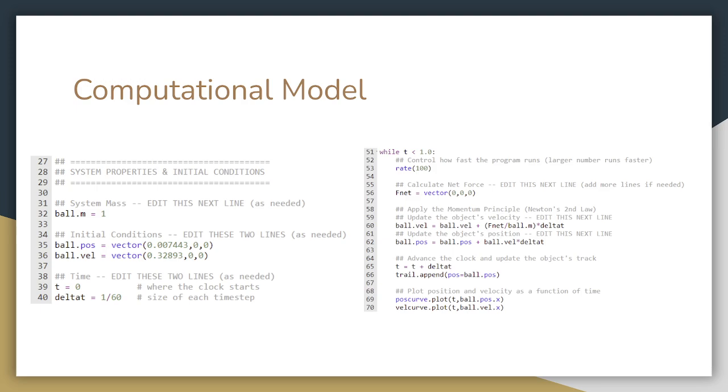And on the actual graphing, I changed the while loop to t is less than 1.0 because the motion was for 1 second. I updated the ball's velocity formula using the velocity update formula found earlier, and the ball's position update formula by multiplying by delta t on both sides of the equation from the velocity equation.